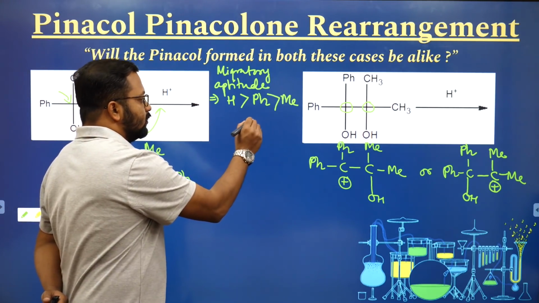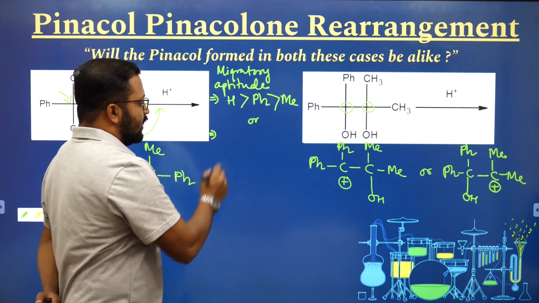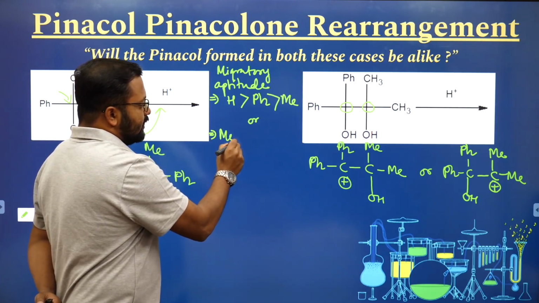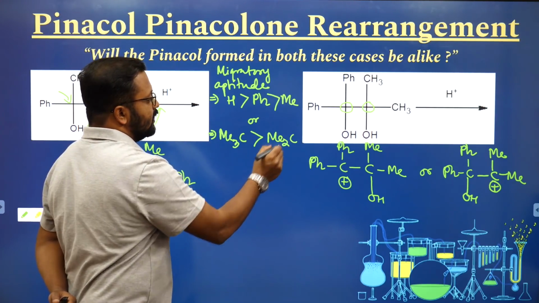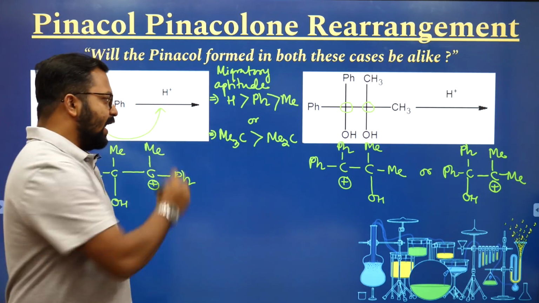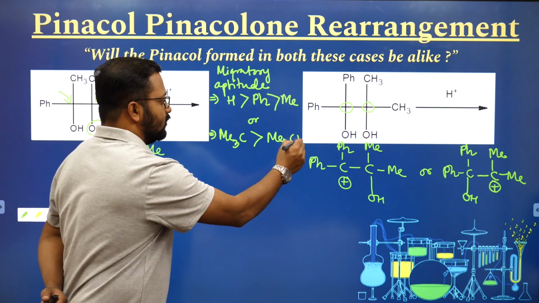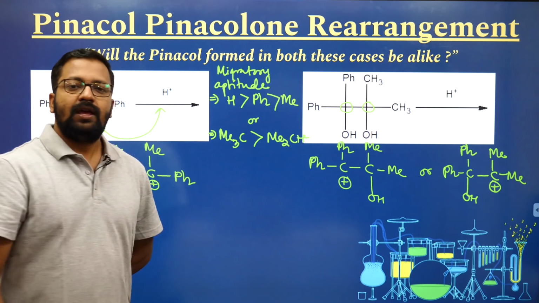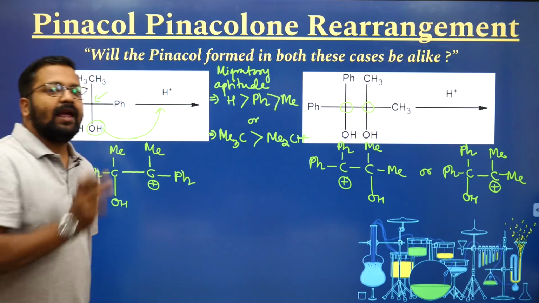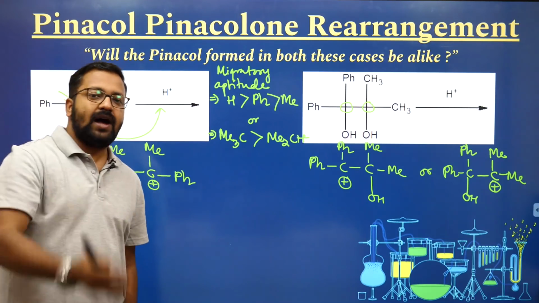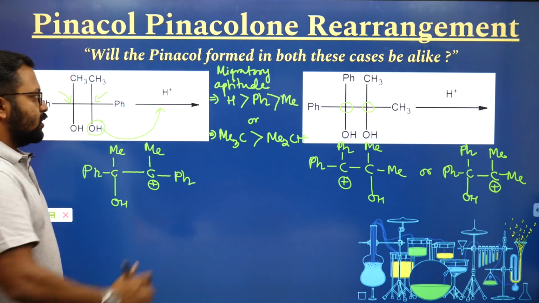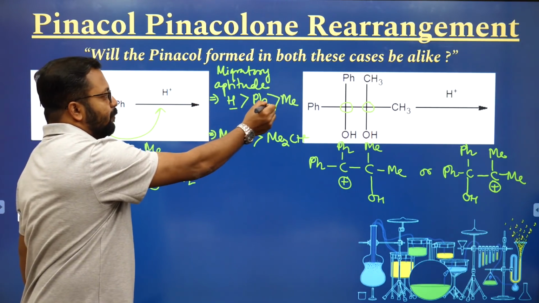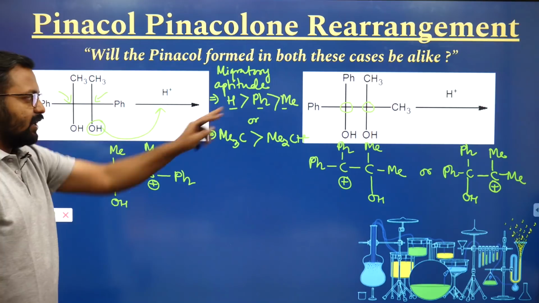Or Me3C will migrate faster than Me2CH, which will migrate faster than MeCH2. तो मतलब एक 3 degree alkyl unit will migrate faster as compared to a 2 degree alkyl unit. Okay, so let's look at this trend, Ph, Me.